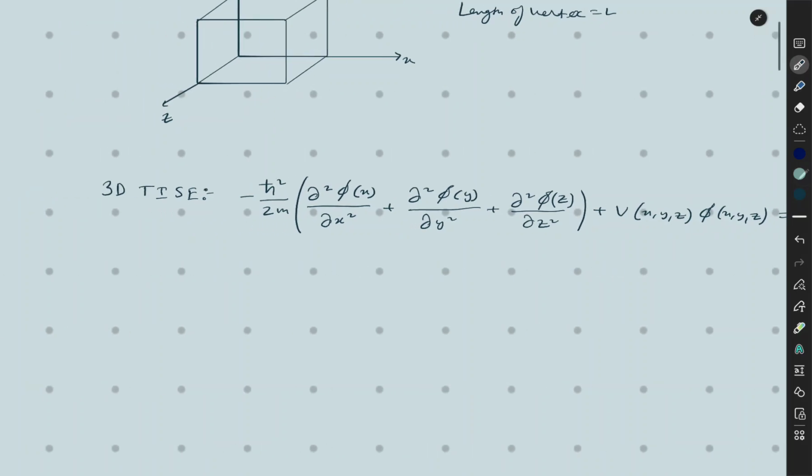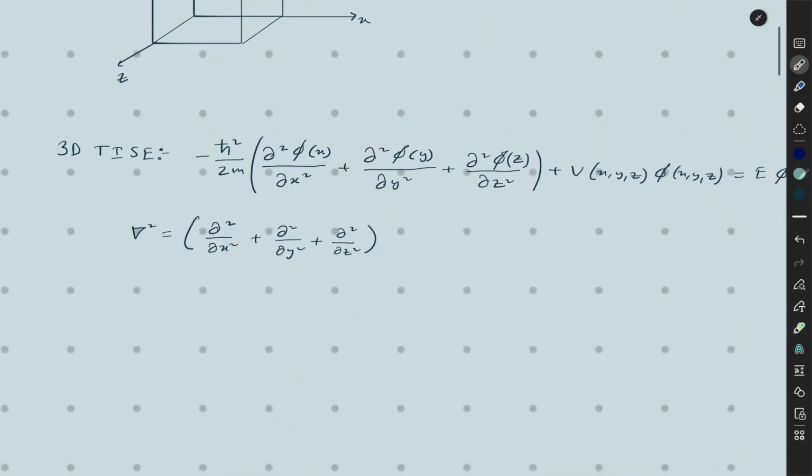So using the Laplacian operator, that is del square, we have seen that it is written as del 2 del x2, del 2 del y2 and del 2 del z2. So this is a Laplacian operator.